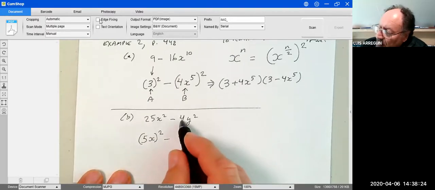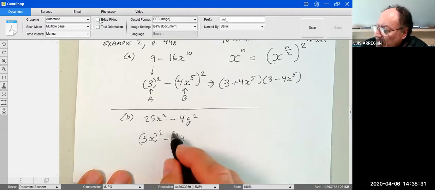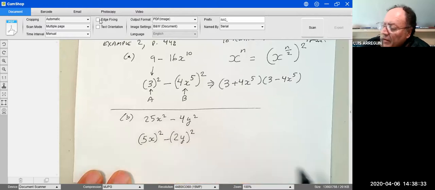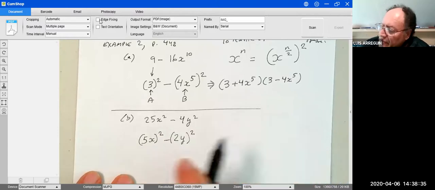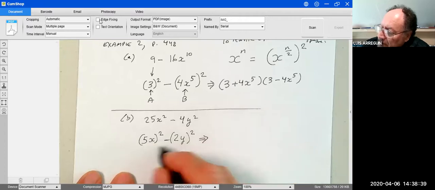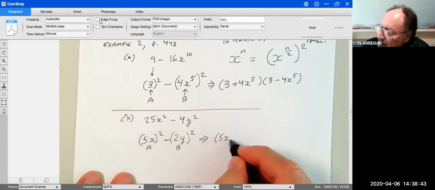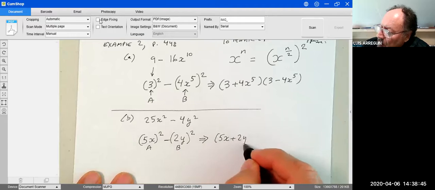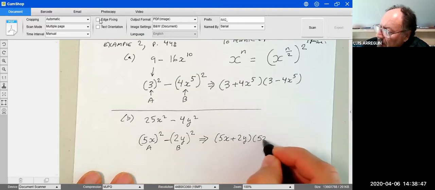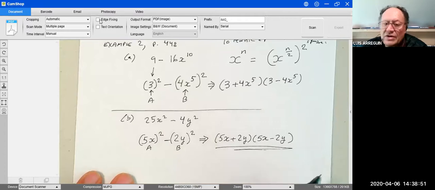Then 4, the square root of 4 is 2, y squared, the square root is y, so you're going to get 2 perfect squares, the difference again. So then this is a, this is b, so you're going to have 5x plus 2y times 5x minus 2y, and that should be the answer.